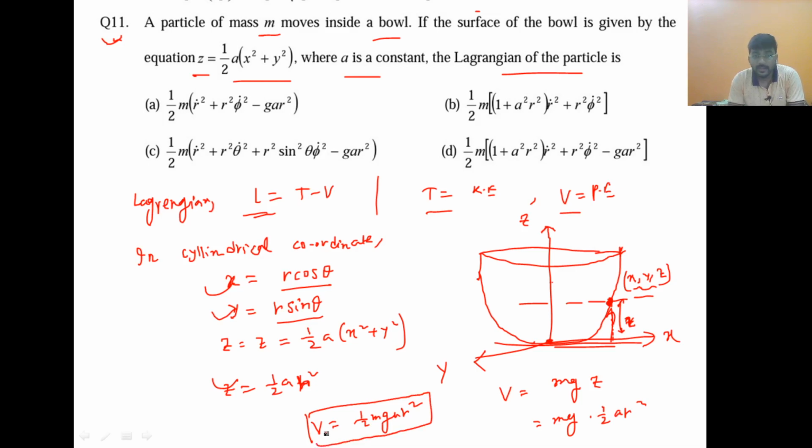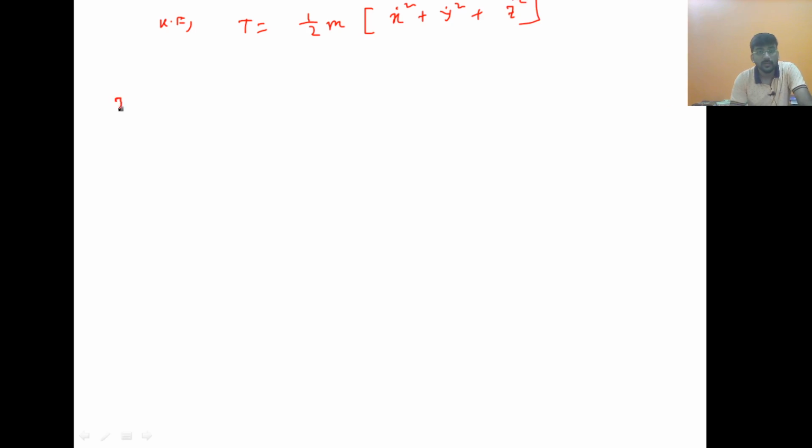But the kinetic energy is nothing but half m into vx square plus vy square plus vz square, that is x dot square plus y dot square plus z dot square. So the kinetic energy T will be half m into x dot square plus y dot square plus z dot square, and here in cylindrical coordinate we have x equal to r cos theta.